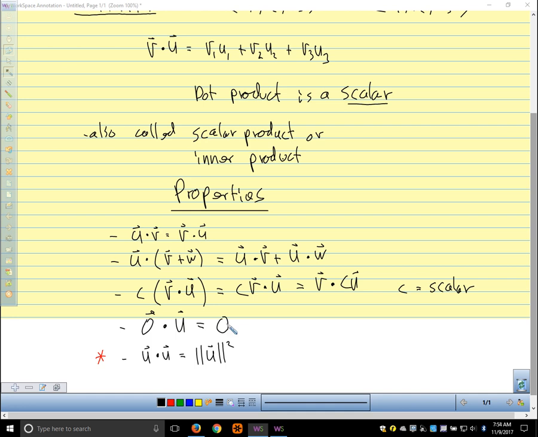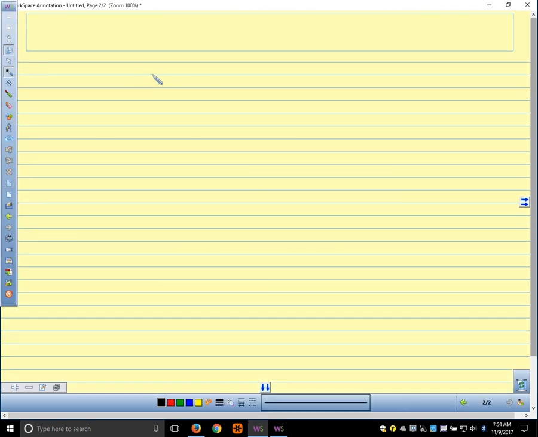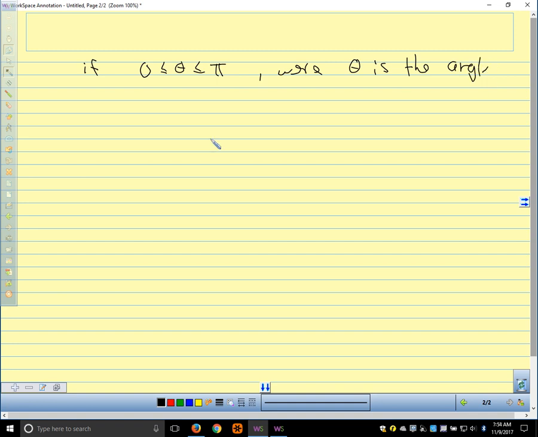So the geometry of the dot product, that's really what's important to us. We'll talk about that in just a second. If 0 is less than or equal to theta, less than or equal to pi, where theta is the angle between U and V, then, let me draw a picture here.